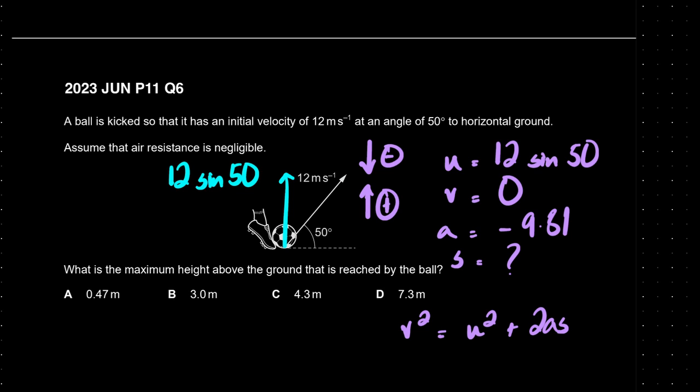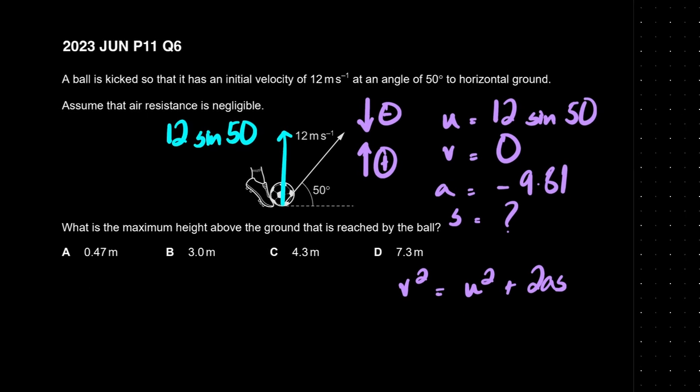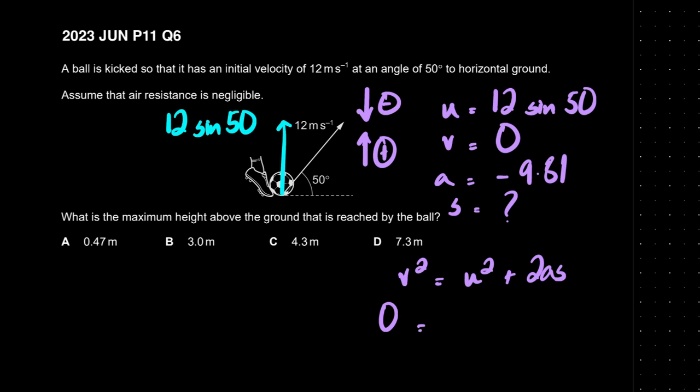So you have 0 equals 12 sine 50. Again, what does this turn out to be? Let's see. So 12 sine 50 is 9.19.